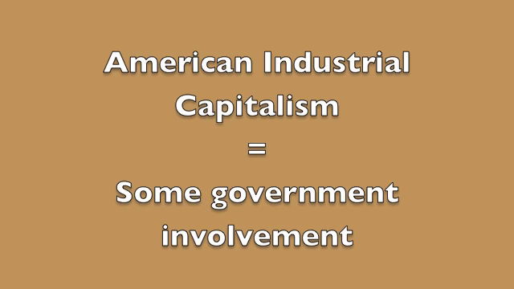So it's safe to say that American industrial capitalism did allow for some government involvement to happen when it benefited the businessmen. Now, when that government interference benefits the lower classes or the labor, this is when people get upset.